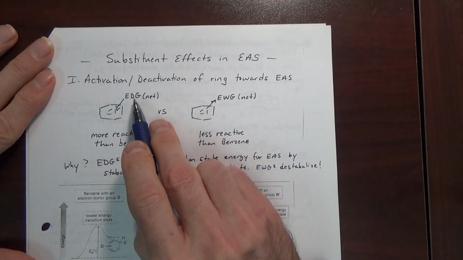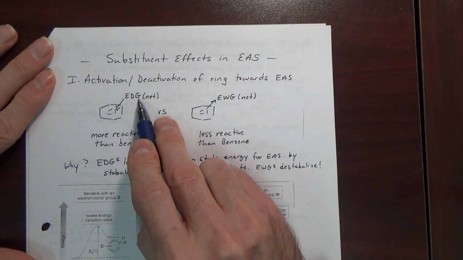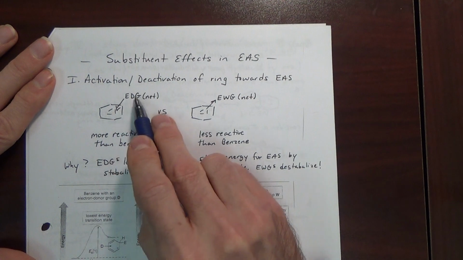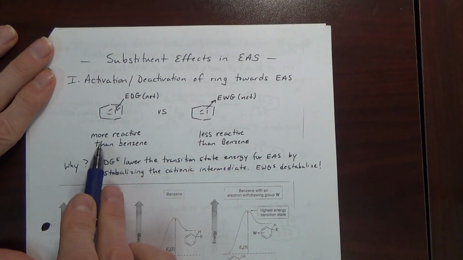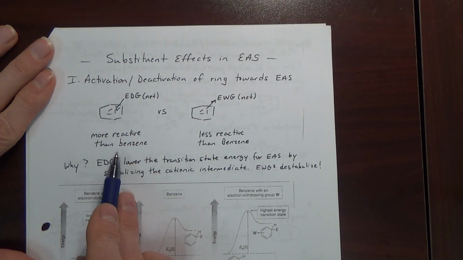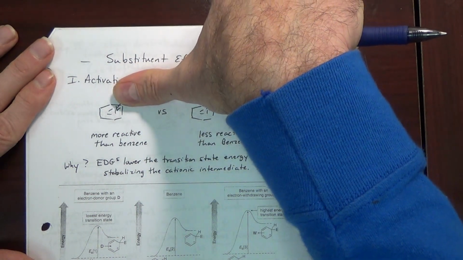They can both withdraw and donate. But if the net effect is to be a donating group, electron donator, by either induction or resonance, and we'll look at examples, that compound is going to be more reactive than benzene. More reactive than if that group was not there.